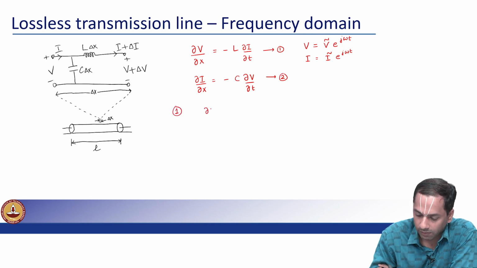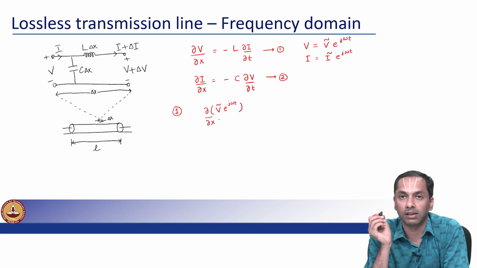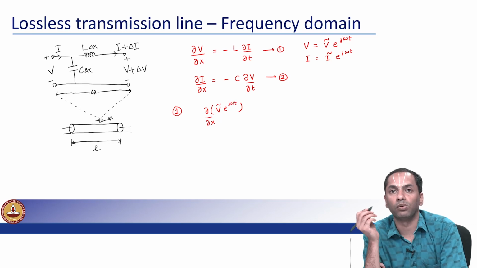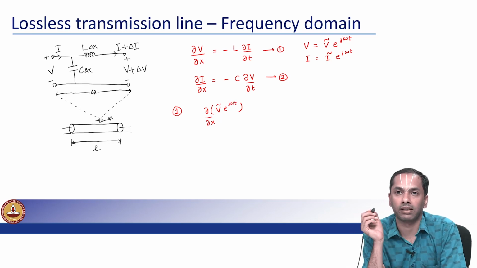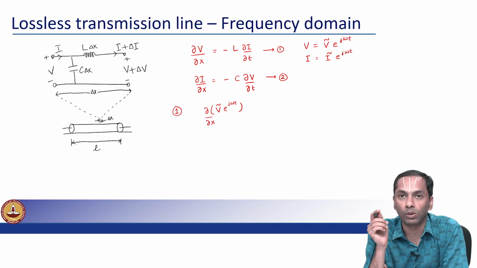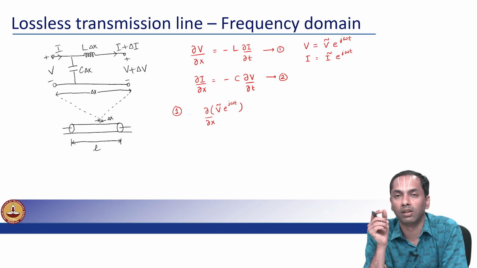I have ∂v, which is Ṽ e^{jωt}. Remember, Ṽ can be allowed to vary with x, right? It's only the time dependent portion of the voltage which has been represented as e^{jωt}, right?